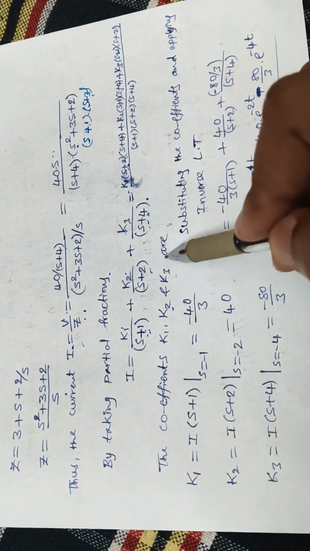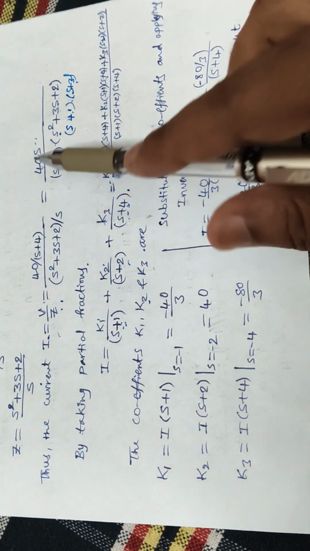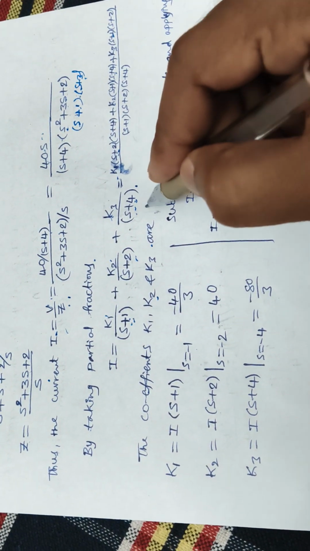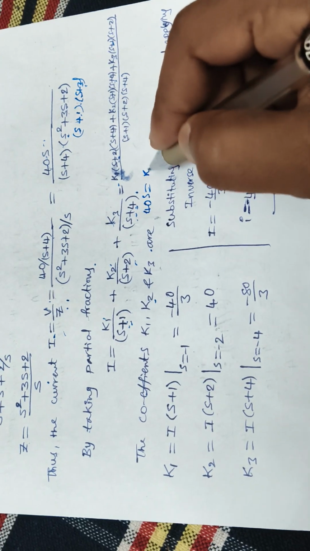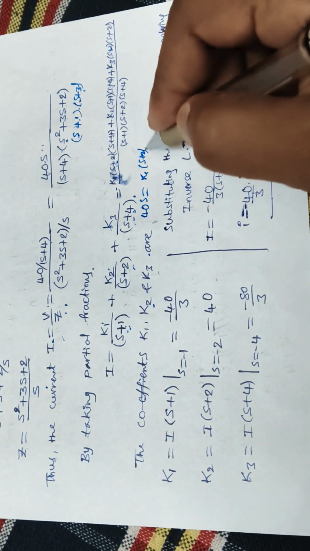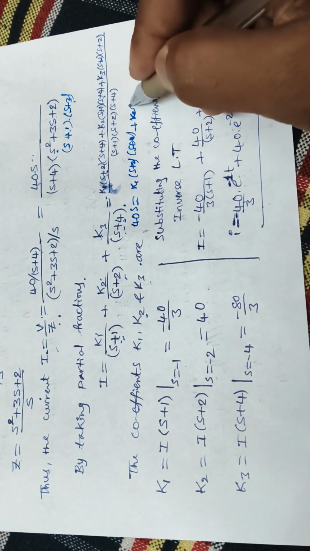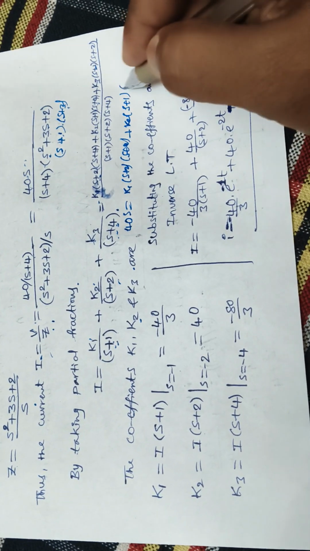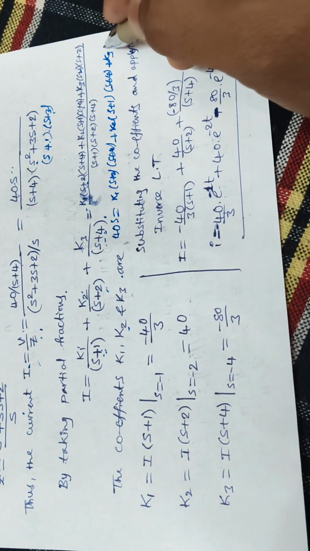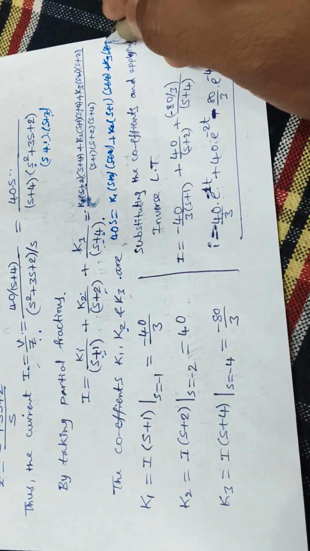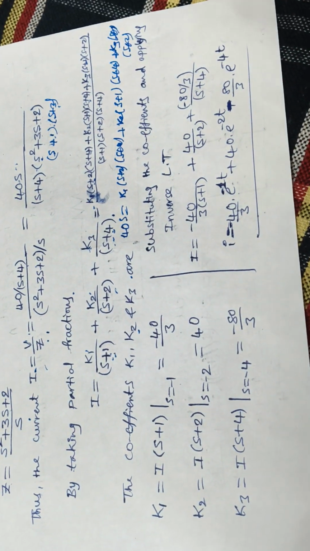To find the coefficients K1, K2, K3: 40S is equal to K1 (S plus 2)(S plus 4) plus K2 (S plus 1)(S plus 4) plus K3 (S plus 1)(S plus 2), right?